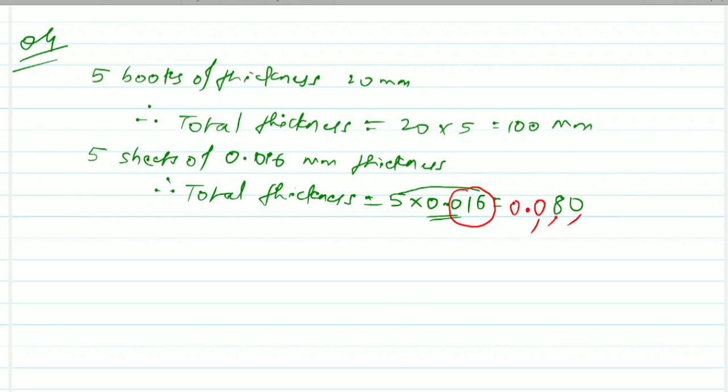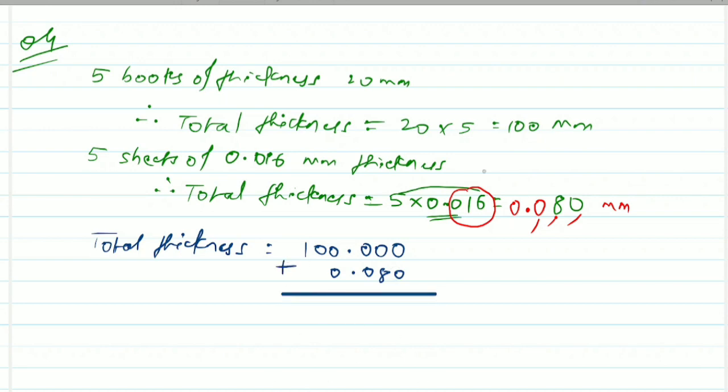So it's 0.080 mm. So now the question was, what is the total thickness? So we have to write the total thickness of the stack. So total thickness is 100 mm for the books and 0.080 for the sheets of paper.